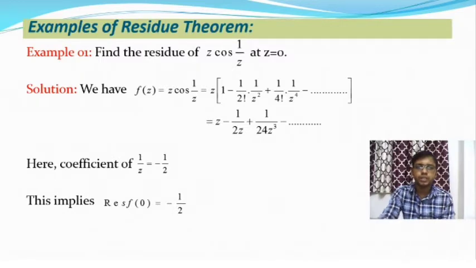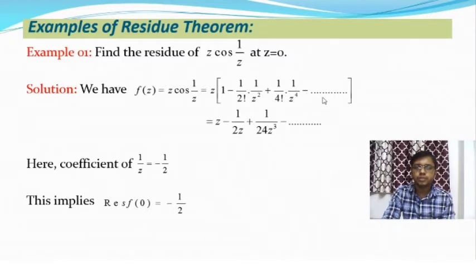Okay, so here is the function f of z, and f of z is equal to z into cos 1 by z. Now expanding the function cos 1 by z in a series, we'll get z into 1 minus 1 by 2 factorial into 1 by z square. After that the third term here will be 1 by 4 factorial into 1 by z to the power 4, and so on.